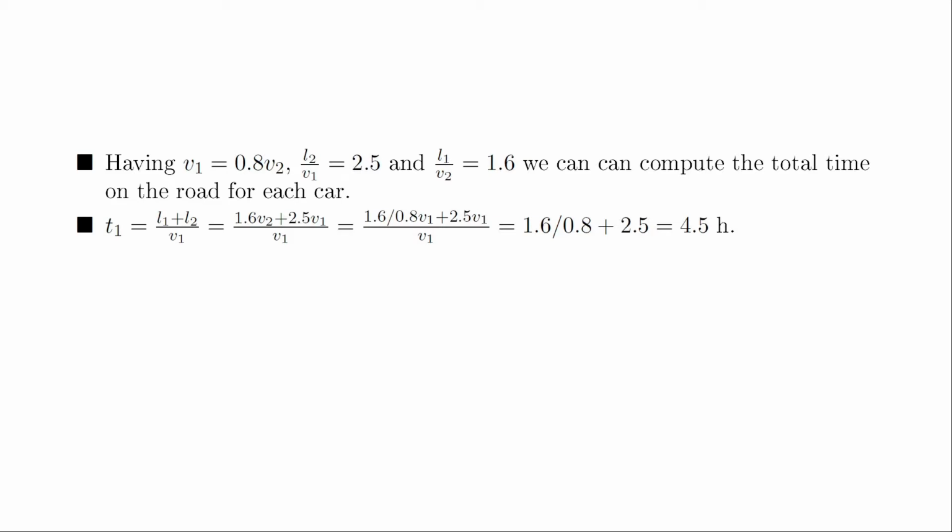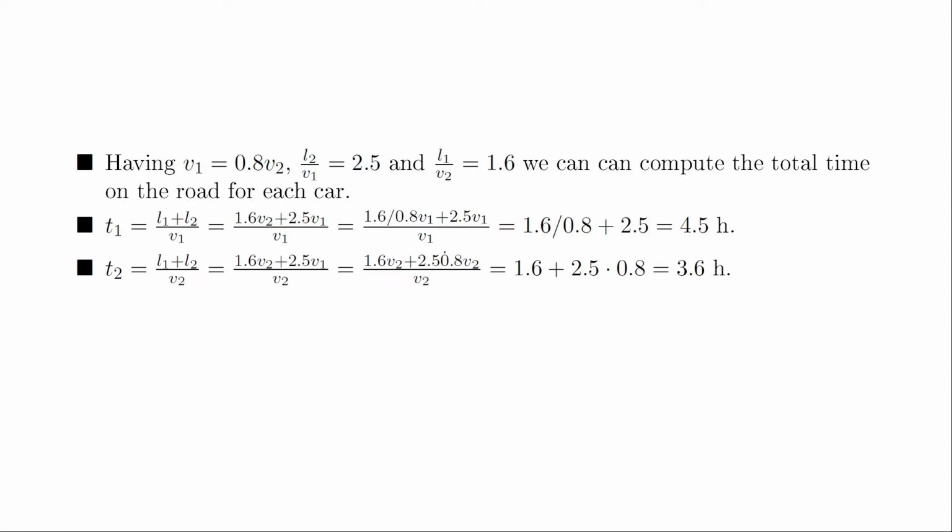So we get T1 is equal to L1 plus L2 over V1, which equals 1.6 V2 plus 2.5 V1 divided by V1. And now we exchange V2 with 1 over 0.8 V1. V1 thus disappears from the expression, and we're left with 1.6 over 0.8 plus 2.5, which equals 4.5 hours.